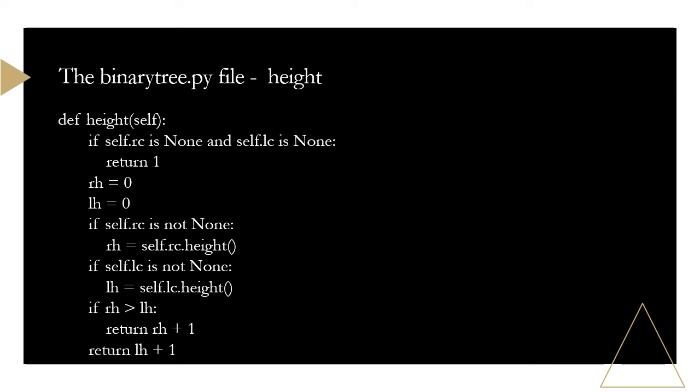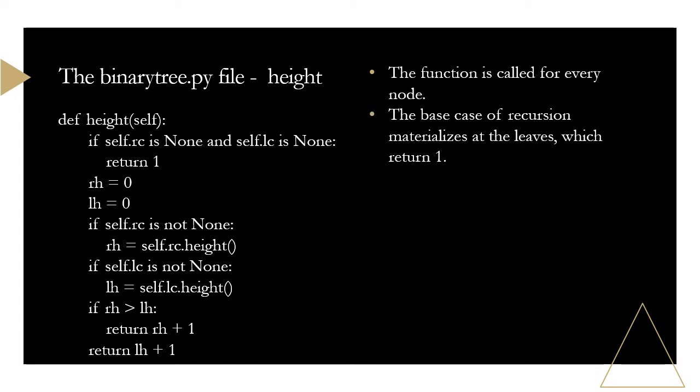Let us talk about the time taken by the height function. The function is called for every node in the tree, and the base case of recursion materializes at the leaves, which return 1. Consider the number of nodes in the tree to be n.